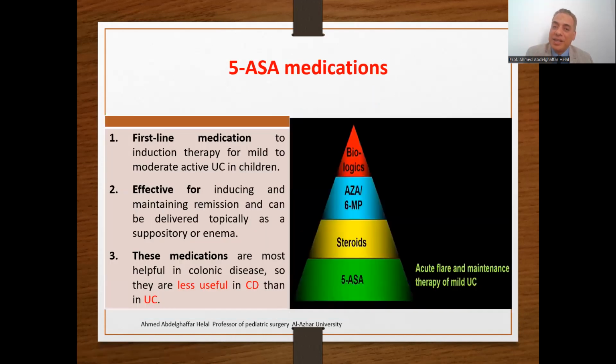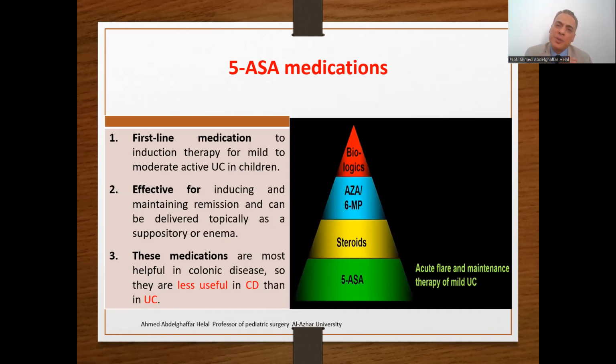Regarding the first category, aminosalicylic acid, it is used for acute flare and maintenance therapy of mild or moderate ulcerative colitis. The drug can be used orally, or locally as enemas or suppositories.